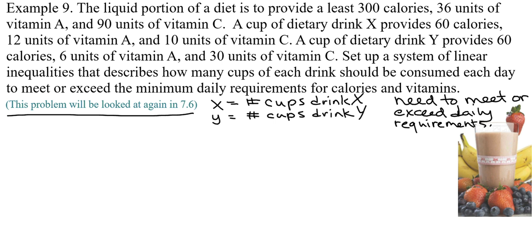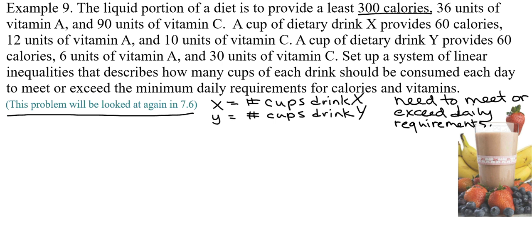Okay, so as you revisit that top little sentence, notice that to meet those requirements, it says we need at least 300 calories. So one of our constraints is about calories.